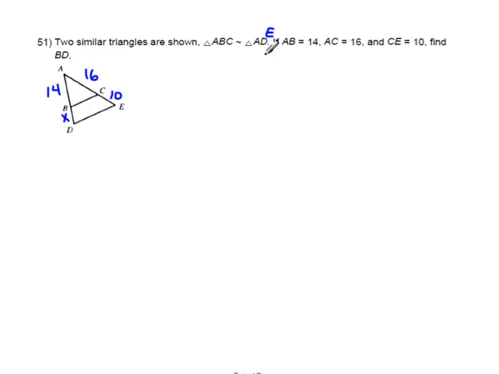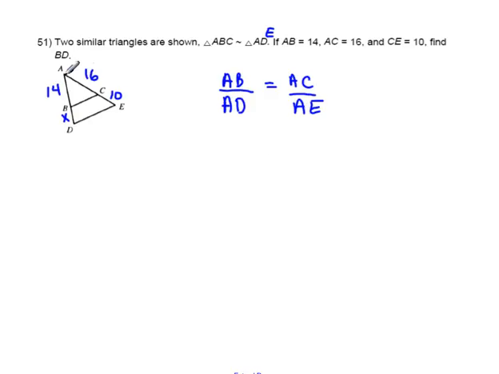Okay, since triangles are similar, remember that we can use the technique of setting up a proportion. So I'm going to set this up to be side AB to side AD, is equal to side AC to side AE. So if I think about in terms of the sides and then substitute in the values, sometimes it's a little bit easier.